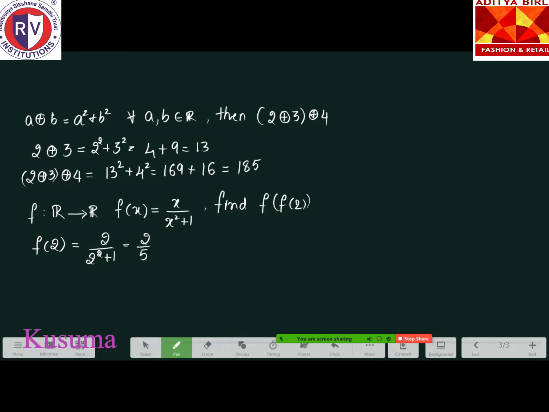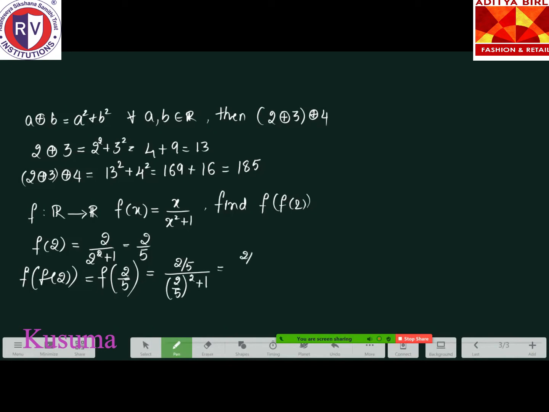Now we have to find out f of f of 2. That is f of 2 by 5, because we have got f of 2 is equal to 2 by 5. So in the function, wherever there is x, we have to substitute 2 by 5. So this is 2 by 5 divided by 2 by 5 whole square plus 1.